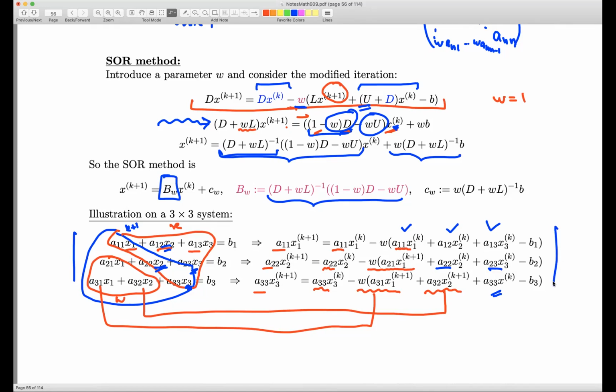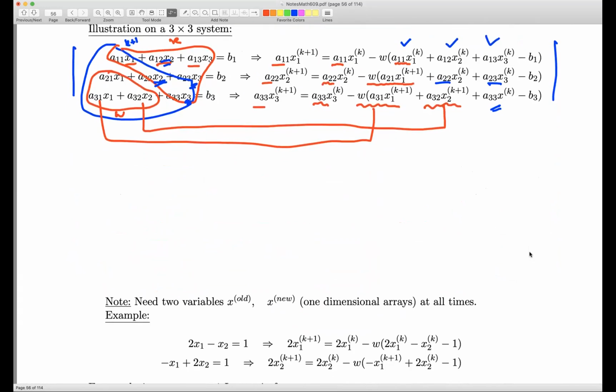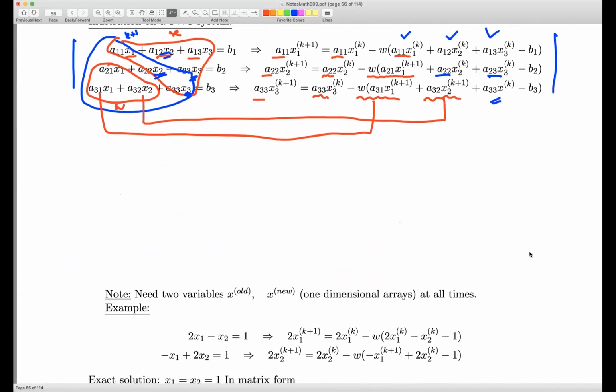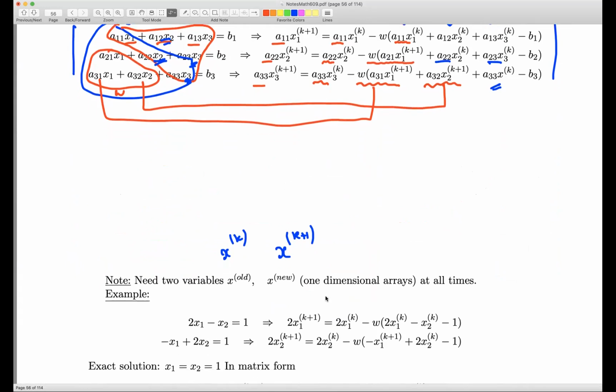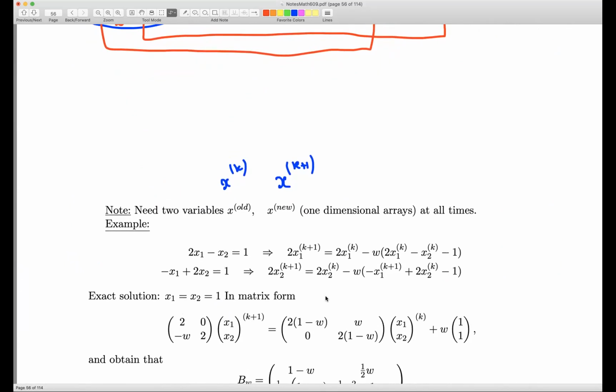So this will be the corresponding SOR method for a 3x3 system. And also for this method, you will need two variables, xold, where you will keep the components of the xk, and xnew, where you will keep the components of the new iteration. They are both one-dimensional arrays. And if you look at our running example, the elements on the main diagonal will be with index k plus 1.